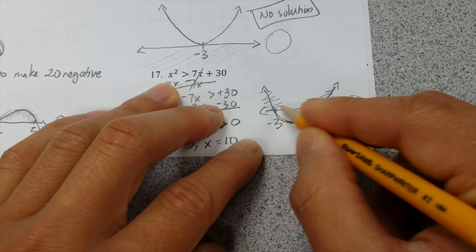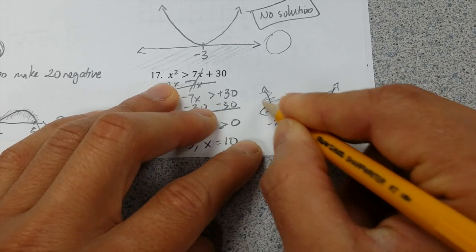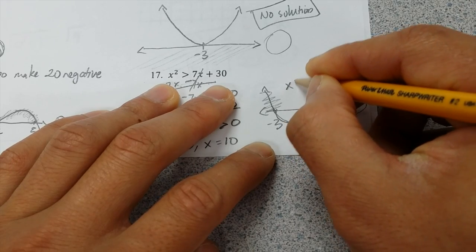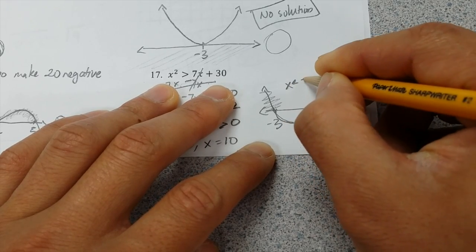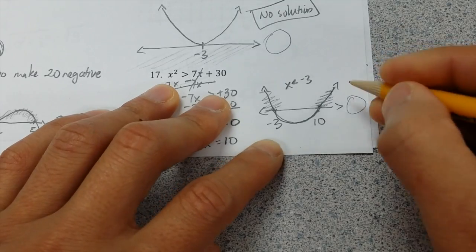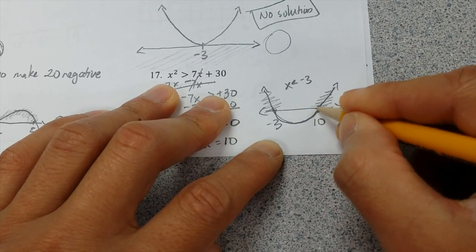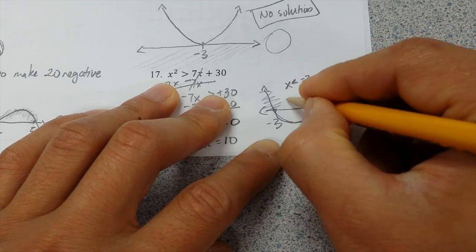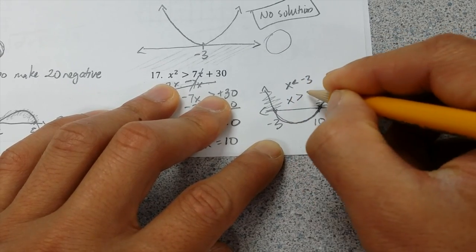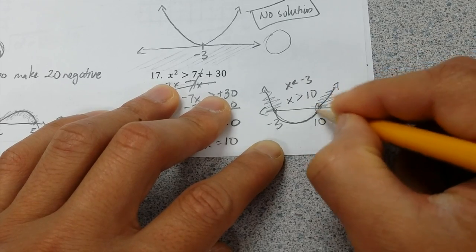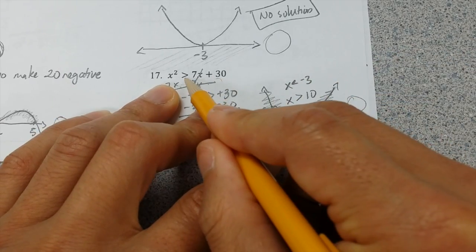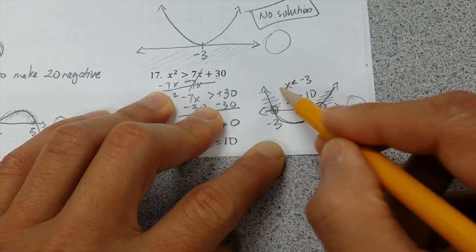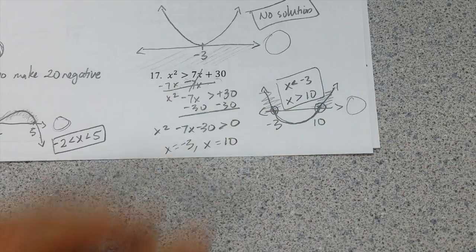From here, the line is going all the way to the left, so x is less than negative 3. For this part, the line is going all the way to the right, so x is greater than 10. They're open circles because of the inequality sign. And those are your answers.